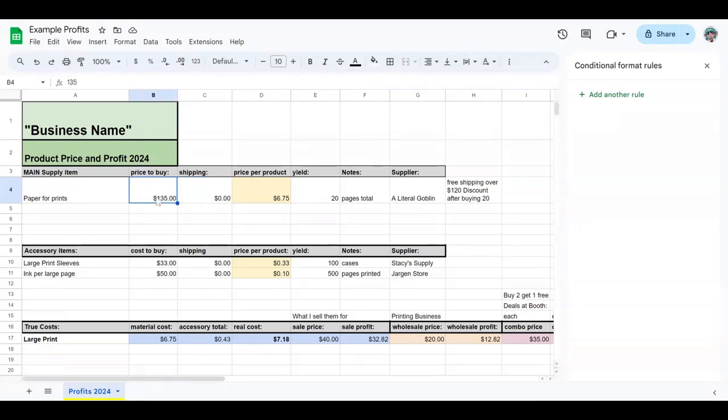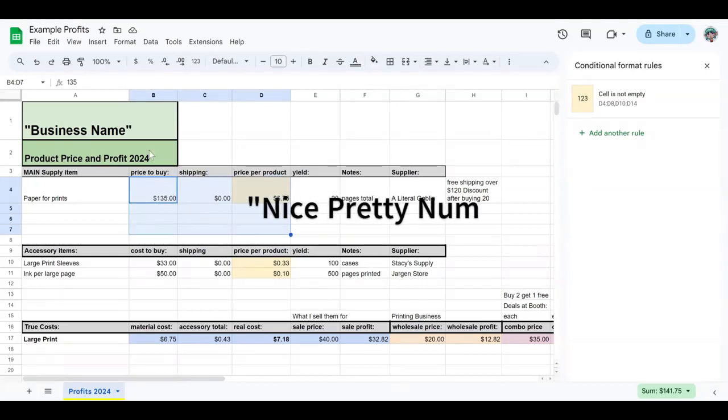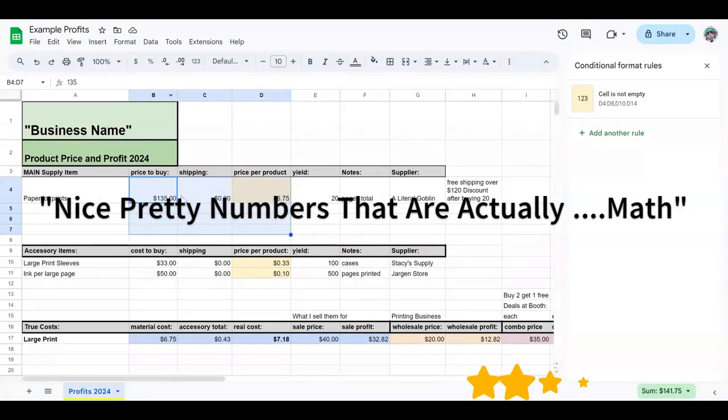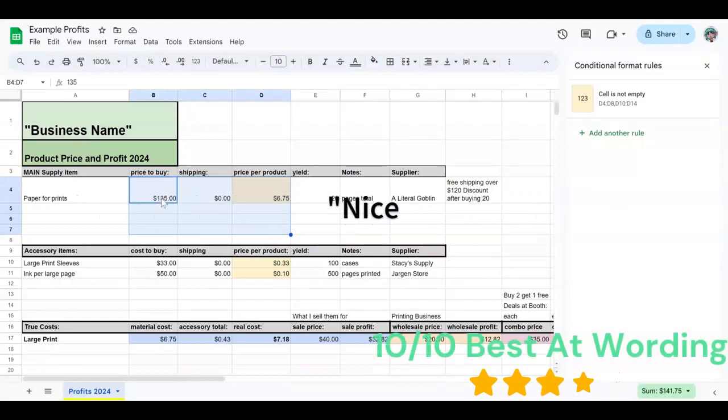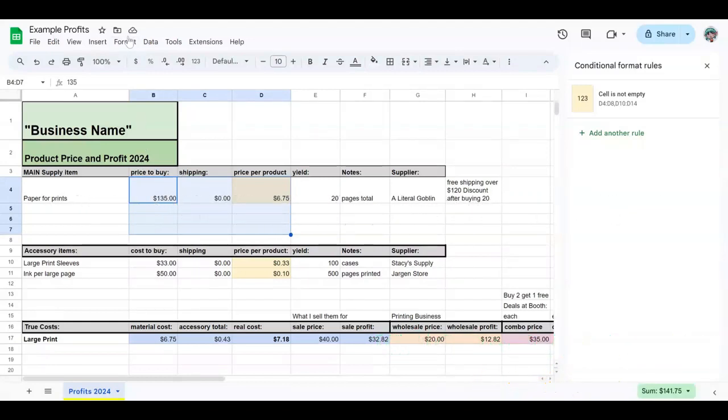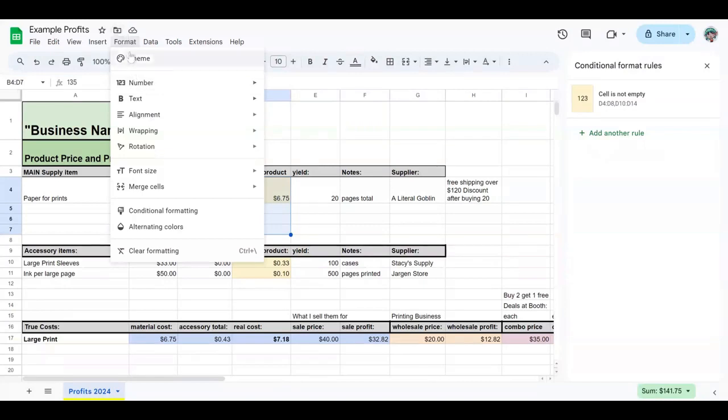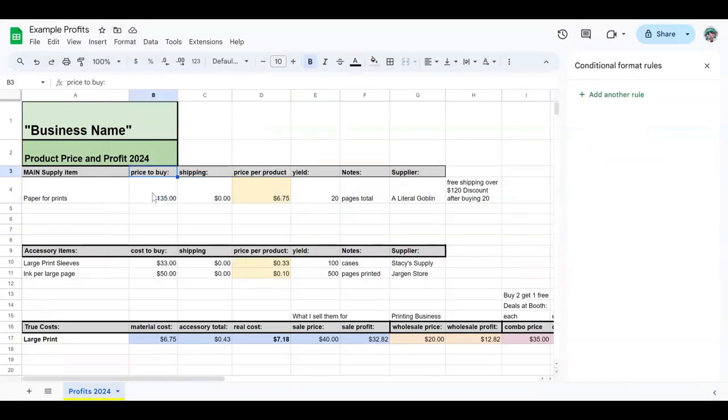And to make these three sections have nice, pretty numbers that are actually dollar numbers, you go to format, you highlight what you want to be a dollar format.